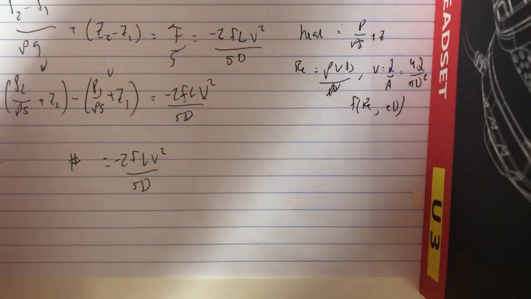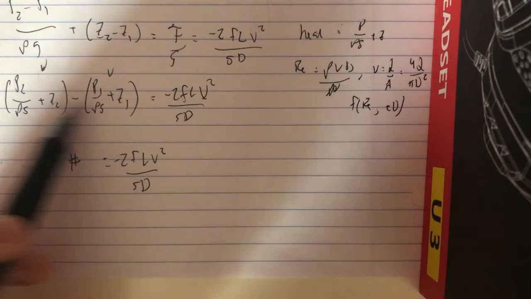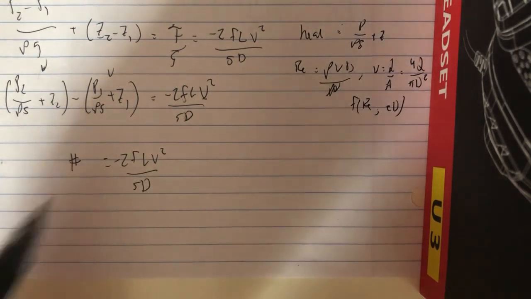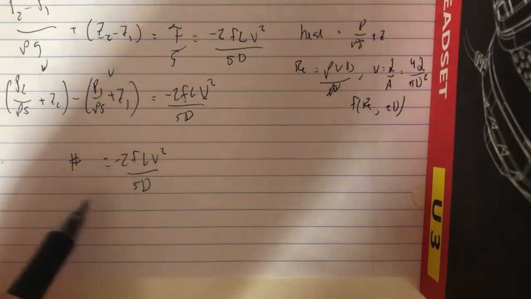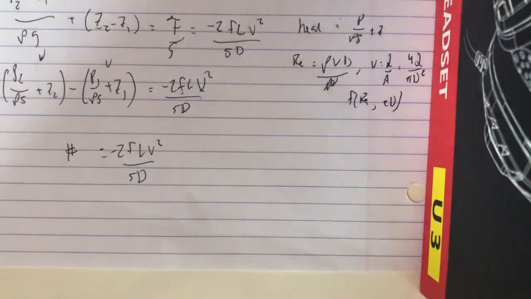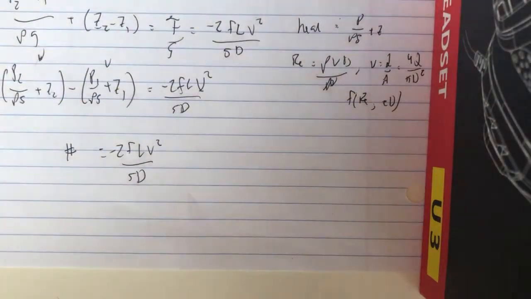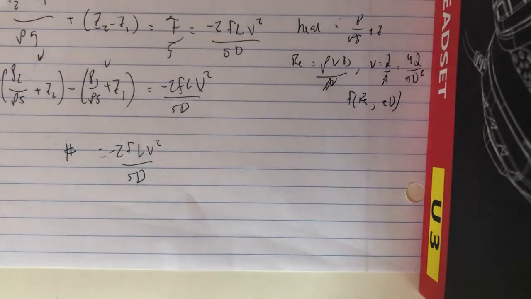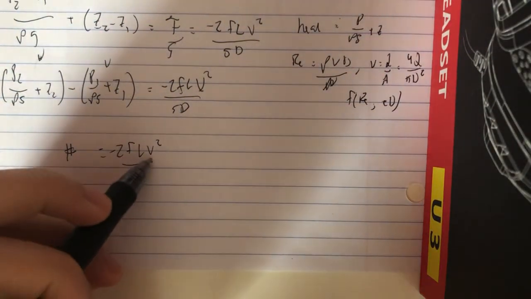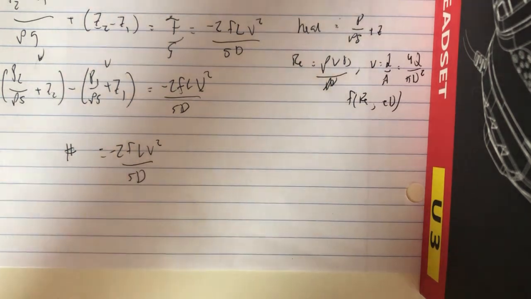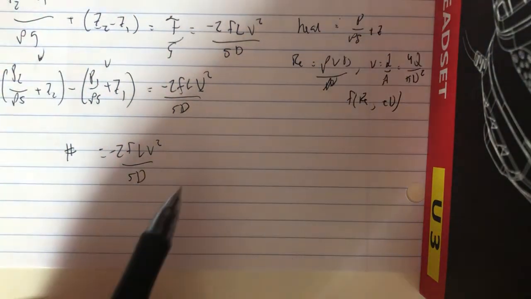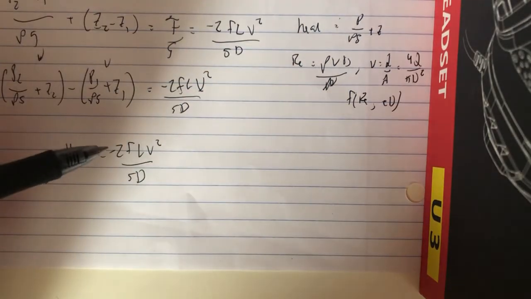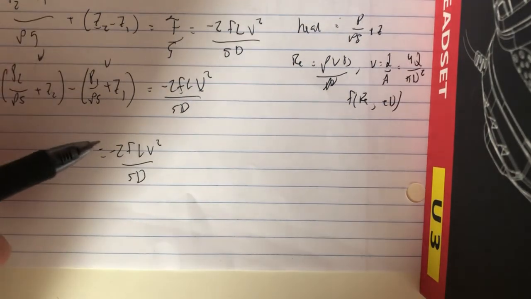Now that we're given the change in head, these two things become a number, and it's just equal to this set of variables. Before it was easy because we only had one unknown, so we could solve it directly. But now, because we don't know the flow rate, we don't know V or F, and we have to solve this numerically because there's no way to solve it symbolically with two unknowns.